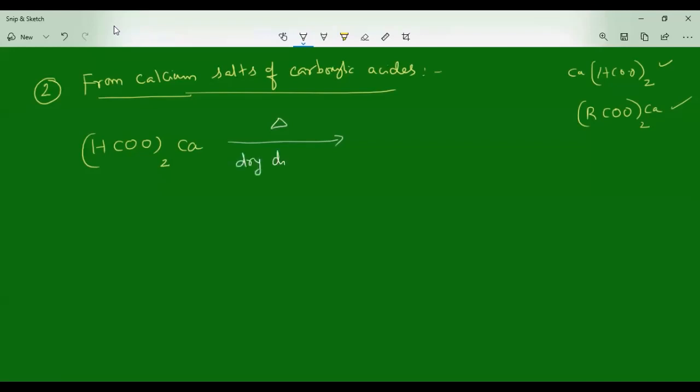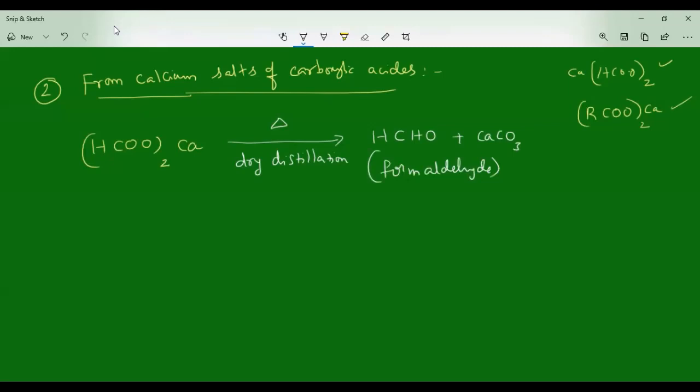Upon this dry distillation, calcium formate gives formaldehyde, HCHO, and CaCO3. So HCHO is called formaldehyde.